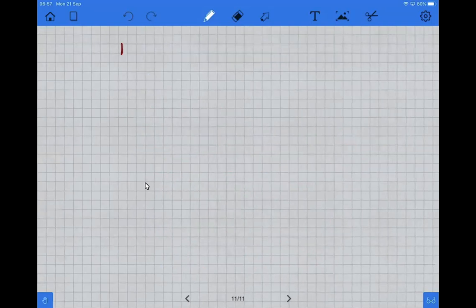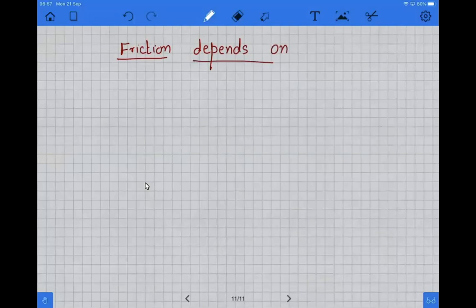Friction in solids, that is rolling friction and sliding friction, depends on these factors.